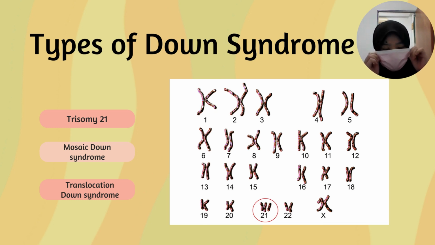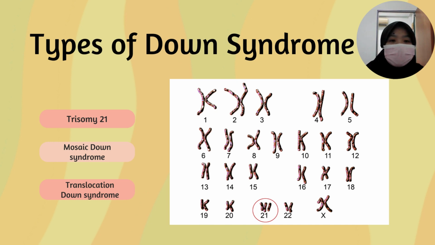And the last one is translocation Down syndrome. In translocation Down syndrome, some parts of the extra chromosome 21 are attached to another chromosome. For example, they are attached to chromosome number 5, number 13, or even number 18.